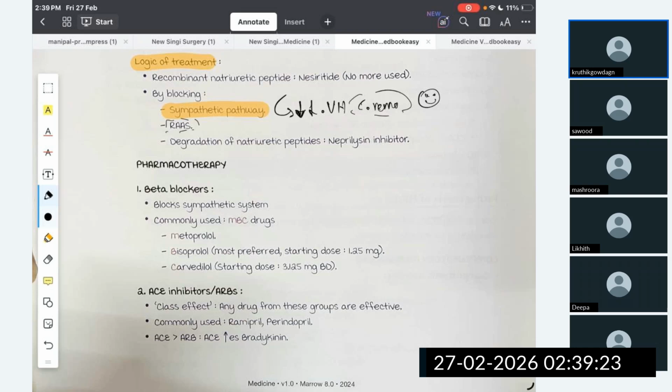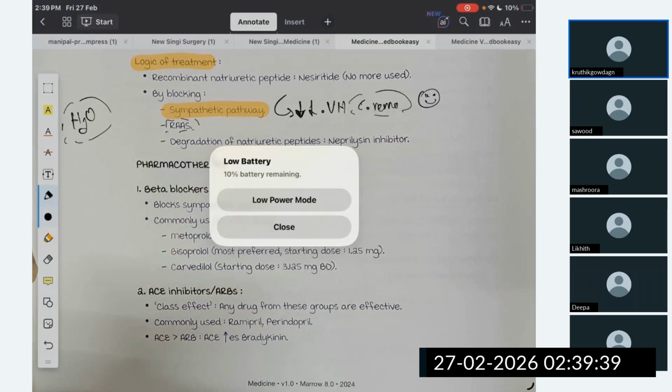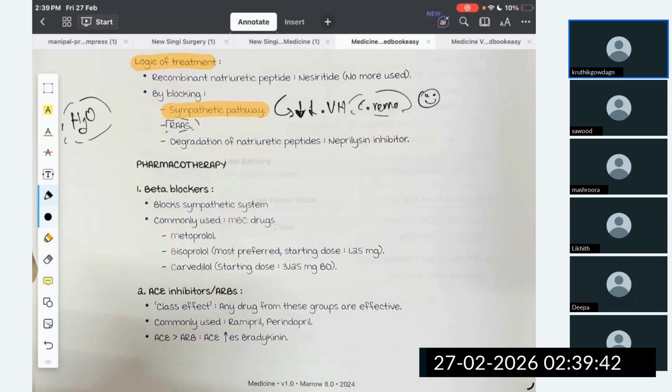We saw that RAS and sympathetic activation and ADH increase, trying to cause water retention. The body causes water retention thinking that it may help, but actually it's not helping, because the myocardium is already impaired, so it can't handle it if the water content inside the body increases. So we should block the RAS system. And to prevent degradation of natriuretic peptide, a neprilysin inhibitor can be used.